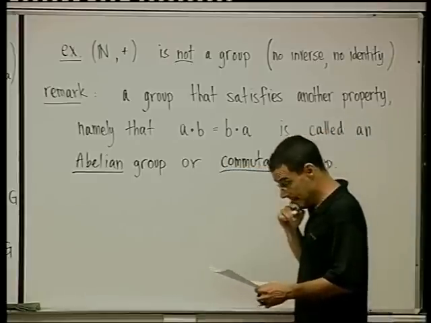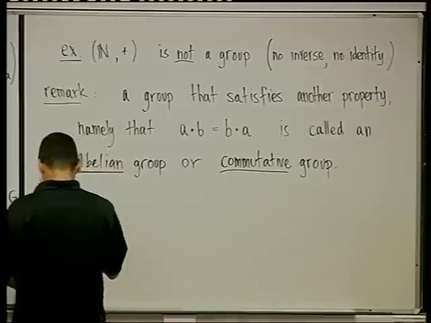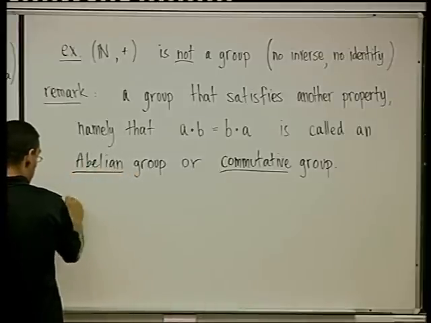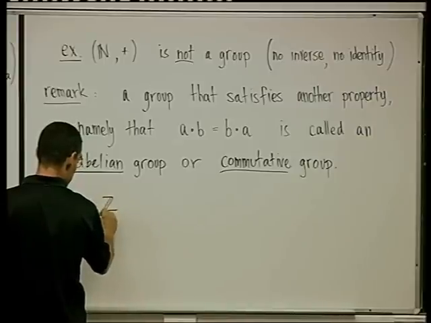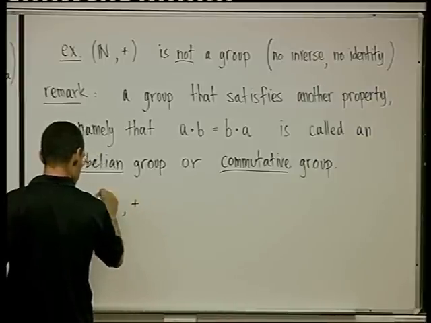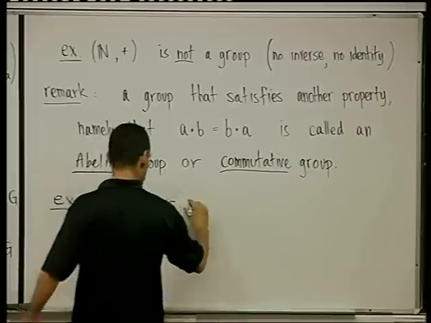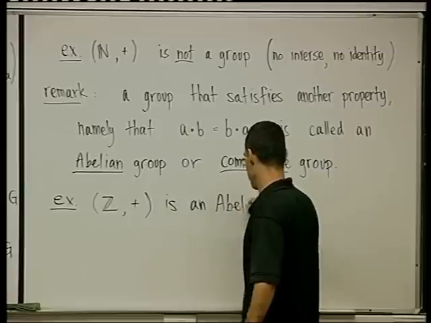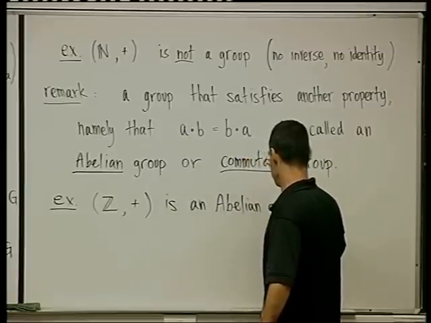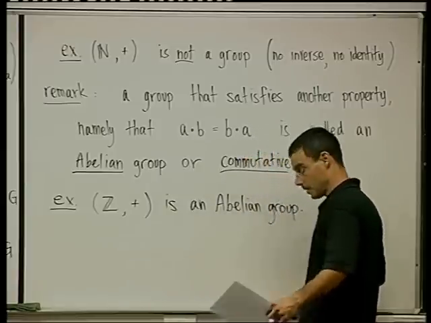And so an example would be Z. Z with addition is a commutative group, is an abelian group. Okay?